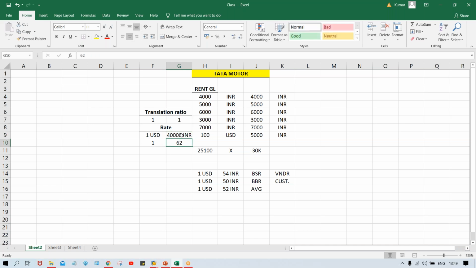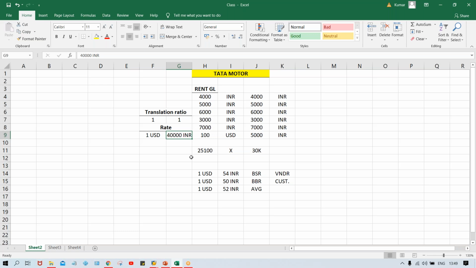If that is the rate, then what is happening, guys? It means, if you have specified translation ratio 1:1, and here 1 USD equals 40,000 Indian currency because of inflation and the currency value, let's suppose it came down.